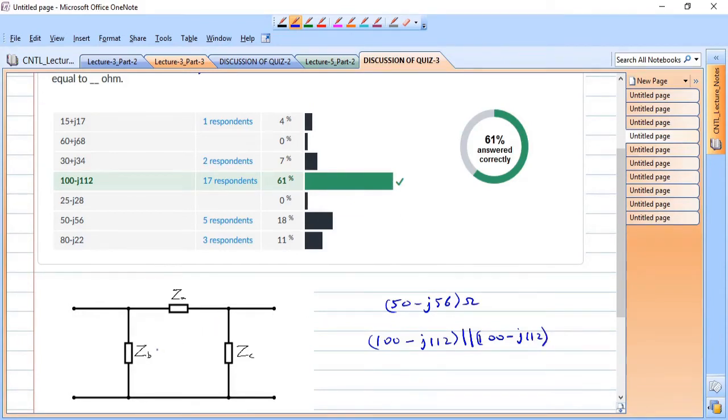So the correct answer is ZB should be equal to 100 minus J112 ohm and ZC should also be equal to 100 minus J112 ohm. So that is the correct answer.